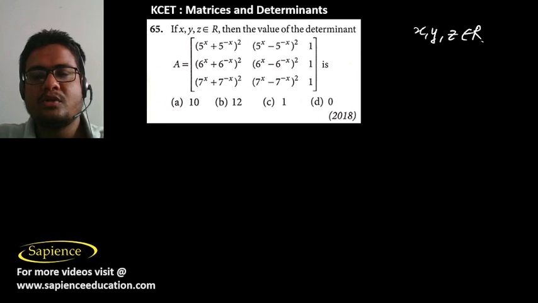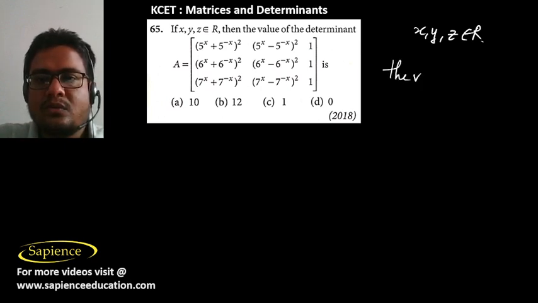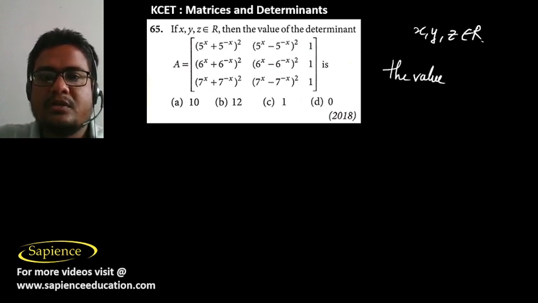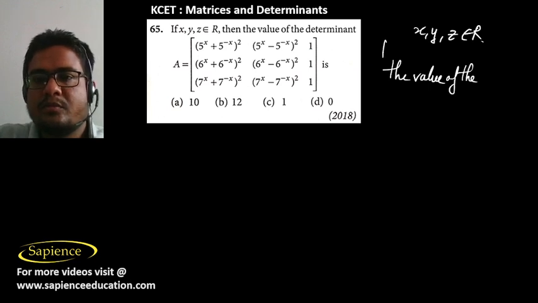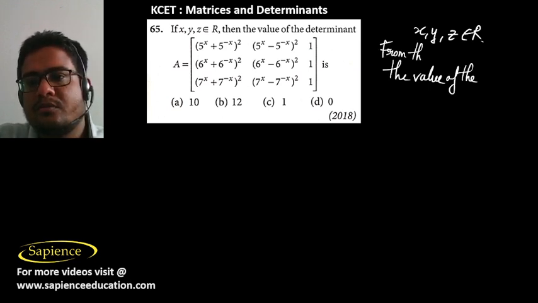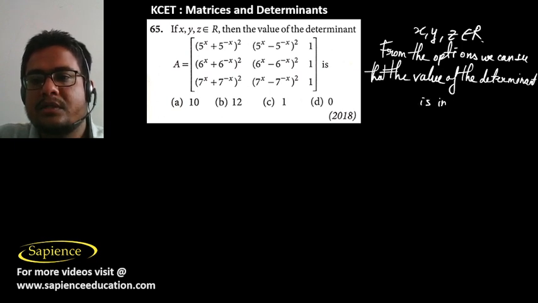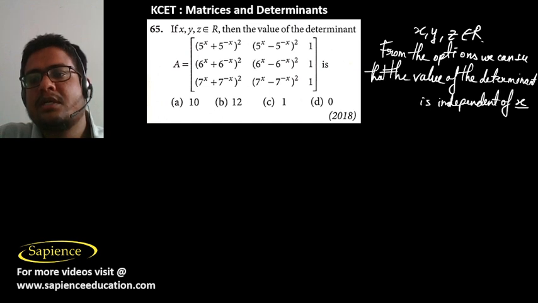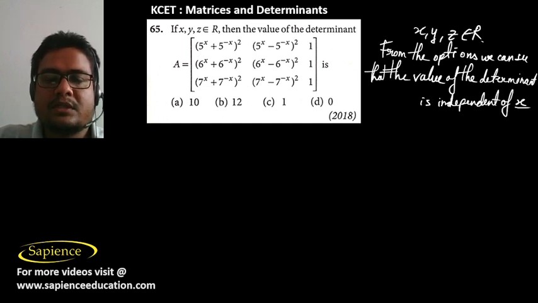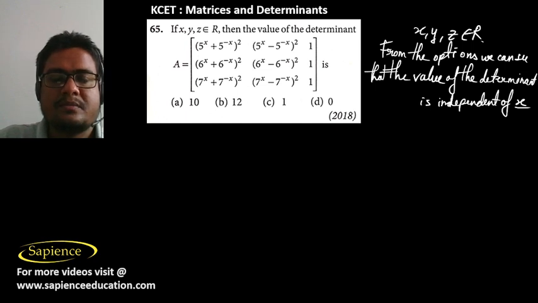From the options we can see that the value of the determinant is independent of x. It's independent of x, so it means that we can put any value of x and the value will come the same.